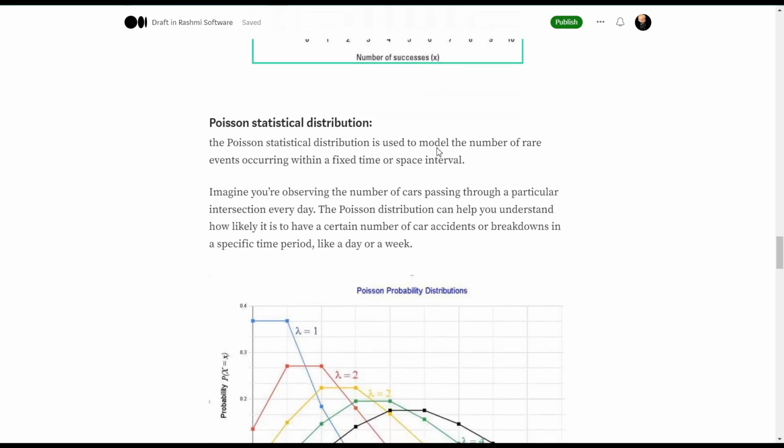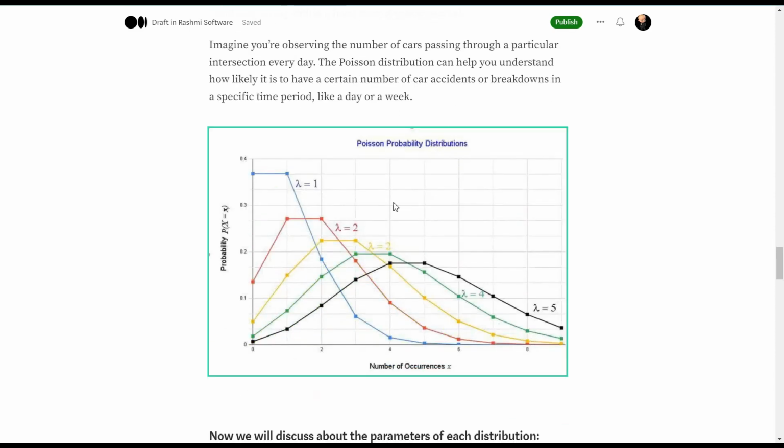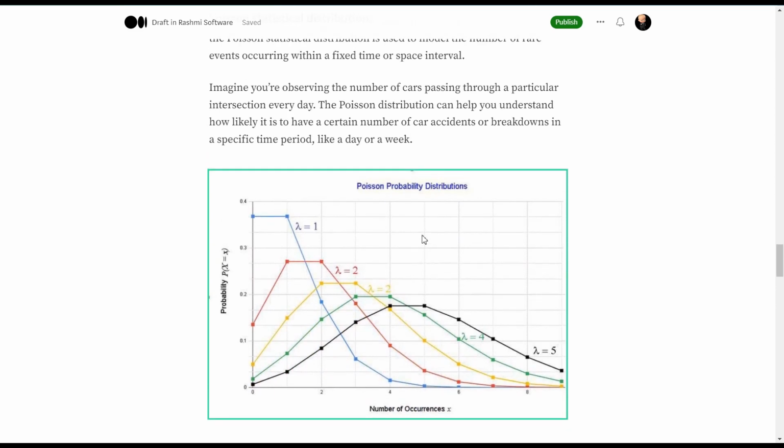Poisson statistical distribution. The Poisson statistical distribution is used to model the number of rare events occurring within a fixed time or space interval. Again, here is a diagram and you can imagine easily. Imagine you are observing the number of cars passing through a particular intersection every day. The Poisson distribution can help to understand how likely it is to have a certain number of car accidents.